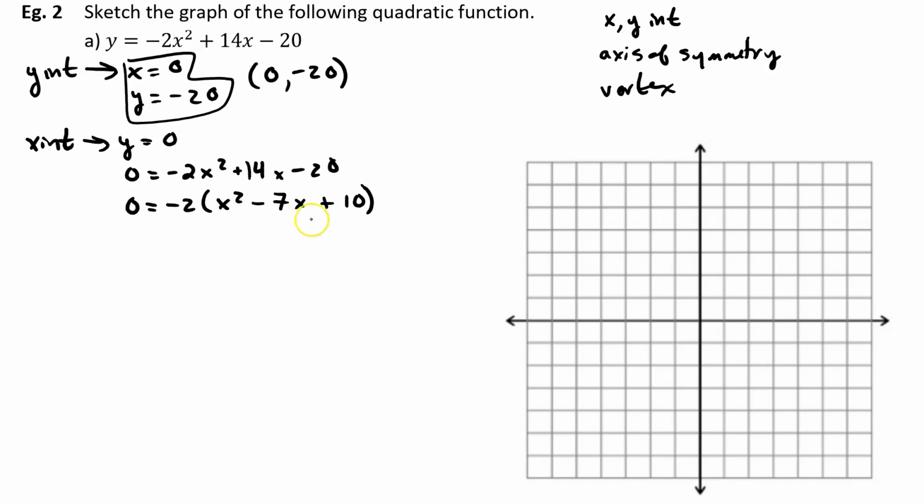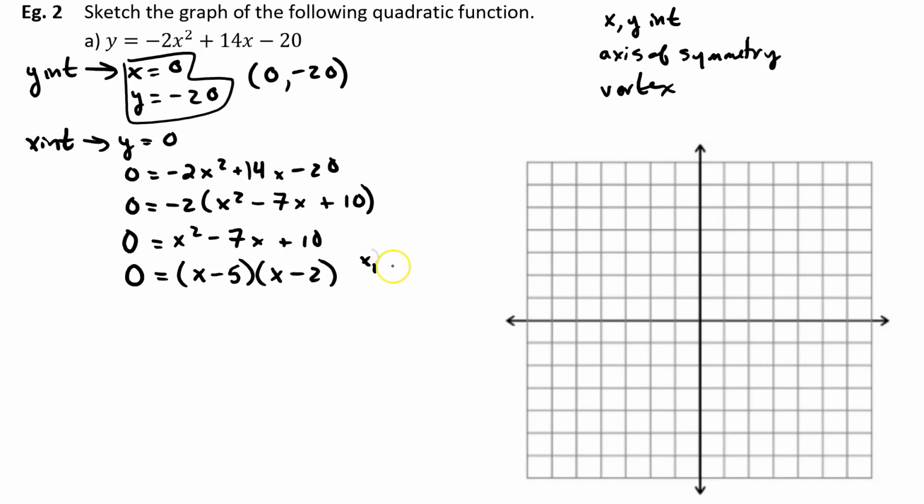So I'm going to divide both sides by negative 2. 0 divided by negative 2 is 0. Negative 2 times this polynomial divided by negative 2 is simply going to be that quadratic, x squared minus 7x plus 10. So then we have 0 equals factored form (x minus 5)(x minus 2), because when you add them together it's negative 7, and when you multiply them together it's 10.